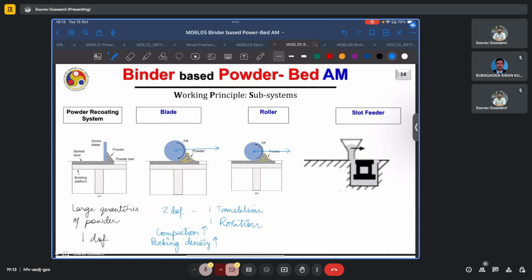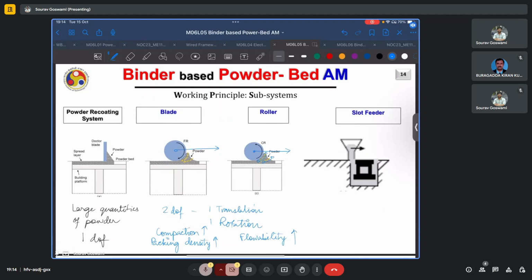Whereas in the case of the counter rotating roller, where the powder particles are pulled up and above from below the powder bed, you can have better flowability of the powders. So in case you're working with powders which are not very flowable and they are difficult to spread out in the form of a layer, you can work with a counter rotating roller.